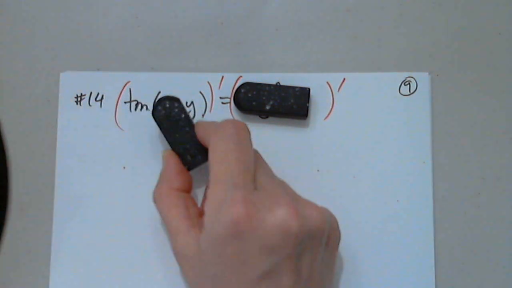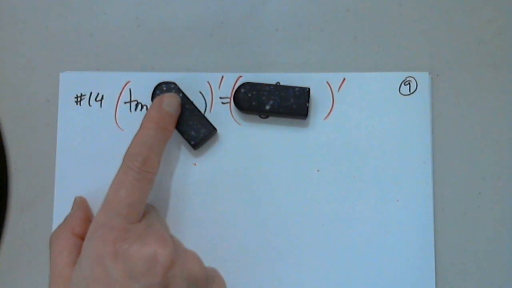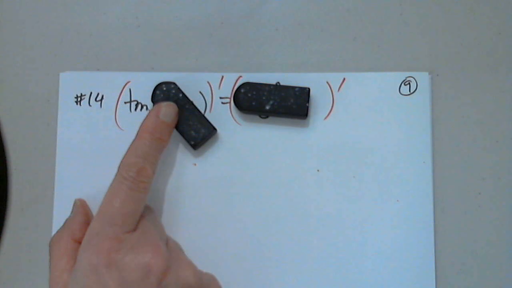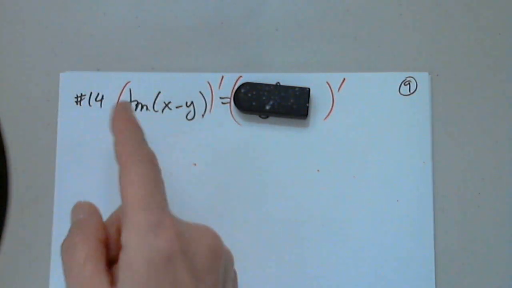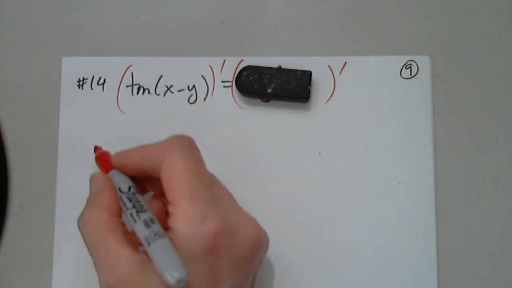So I have tangent of a function. Obviously this is the outer, this is the inner. We have to differentiate the outer and then times the derivative of the inner. So where is the tangent prime? Secant square. Yes.